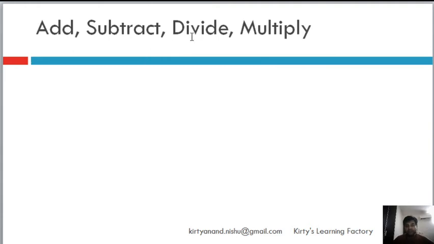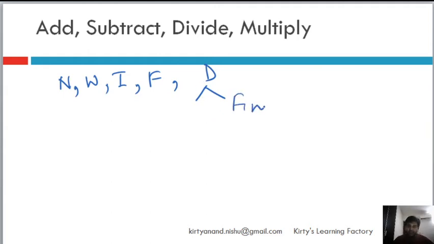Now add, subtract, divide, multiply. Rational numbers are what? First of all, let's understand. They are natural numbers, right? They are whole numbers, right? They are integers, right? They are fractions, right? There are two kinds of decimals. What are those kinds? One is finite or definite decimal.